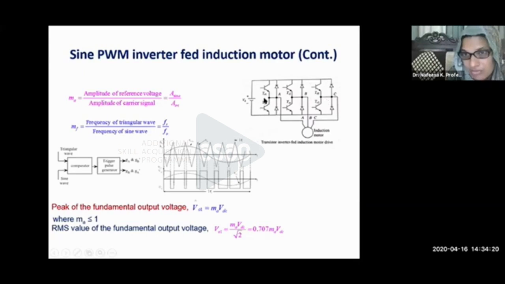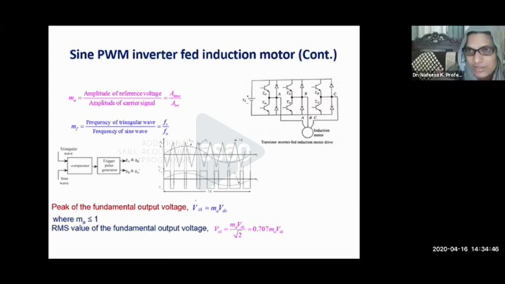If we want a single phase output, we give only 1 reference wave, that is 1 sinusoidal wave. But if you want a 3-phase PWM output voltage, you need to give 3 reference voltages, which are out of phase by 120 degrees, and these are compared with the same triangular wave.